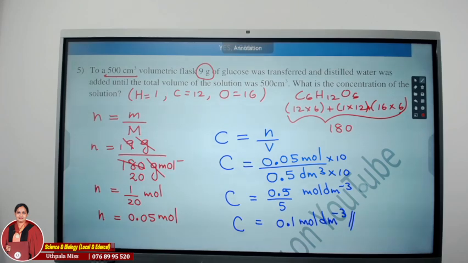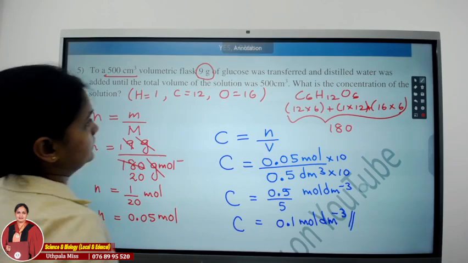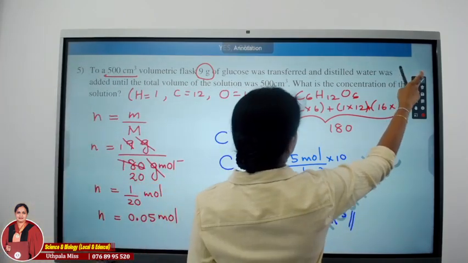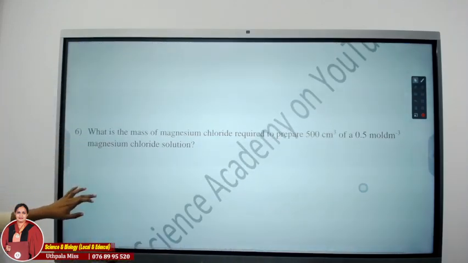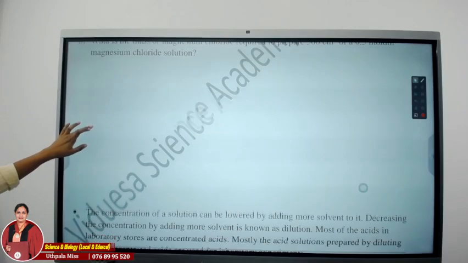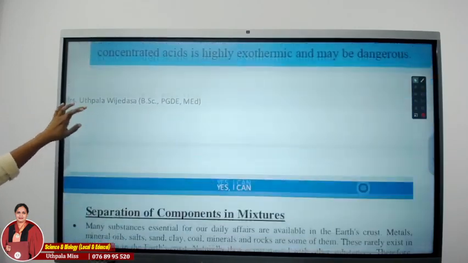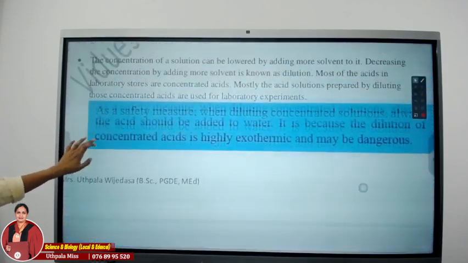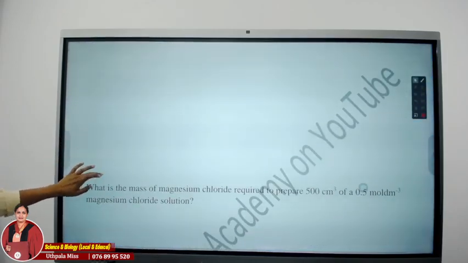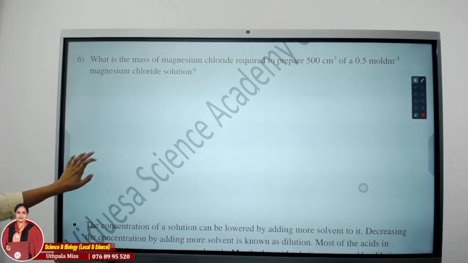Is there more? One more is given. Oh, it was a separation techniques. Do this one, the last calculation.